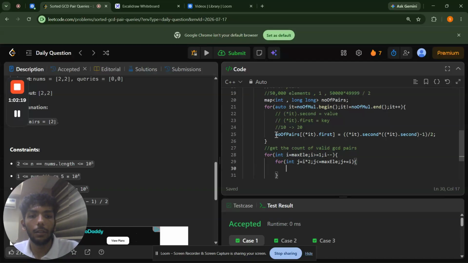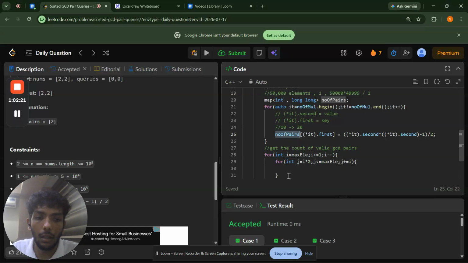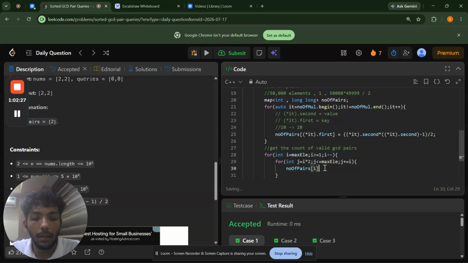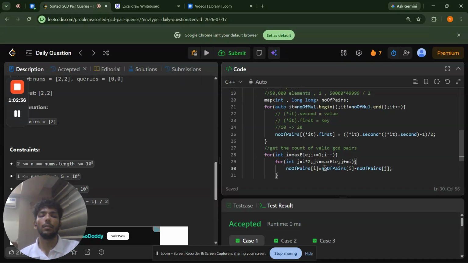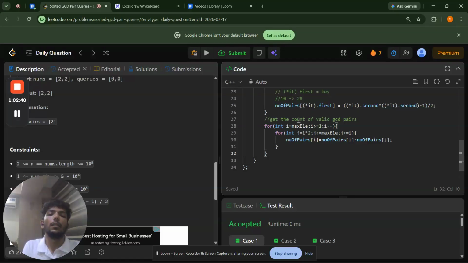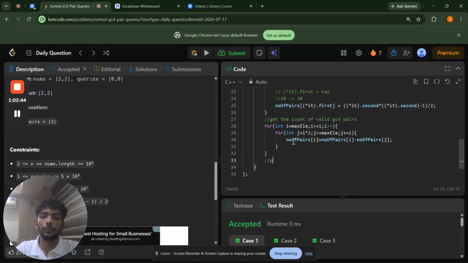Now the number of pairs of i equals its own count minus those of its competitors. Who are its competitors? Its multiples. So now we have found out that this i has this many GCDs. Now what we want is a prefix array.